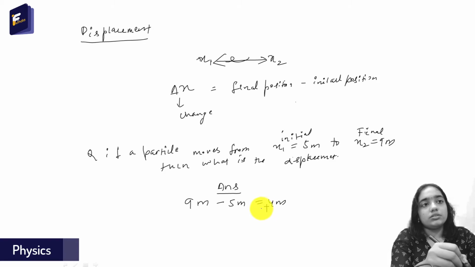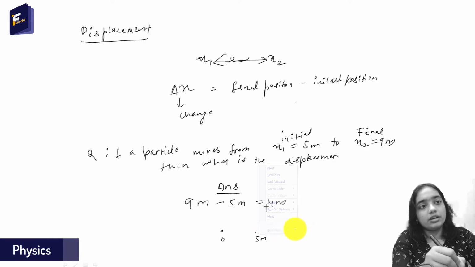It is positive. That means that if this is the origin, we have defined the right side as positive. So the particle was initially here at x equal to 5 meter, and it traveled this length and went to x equal to 9 meter.